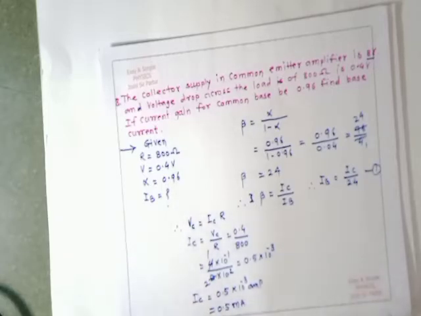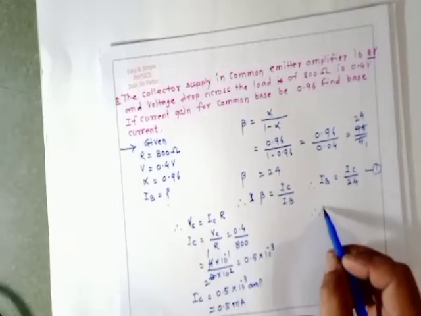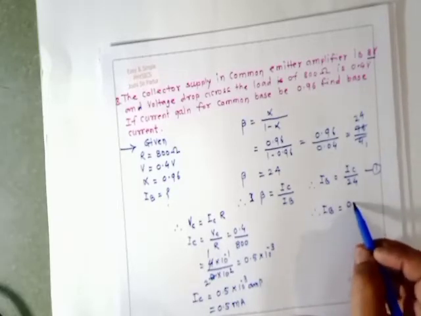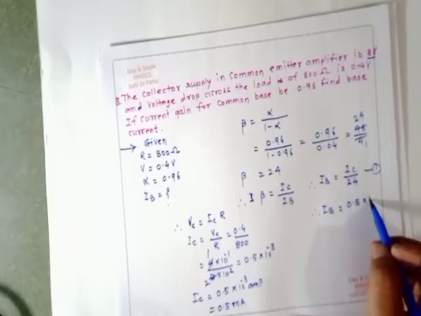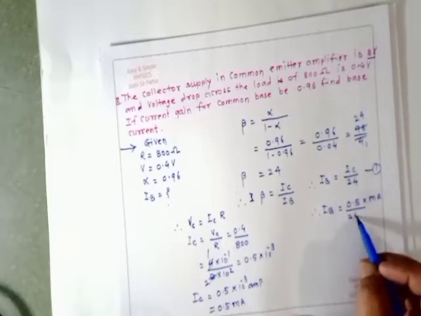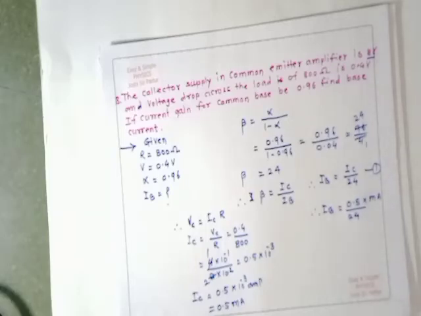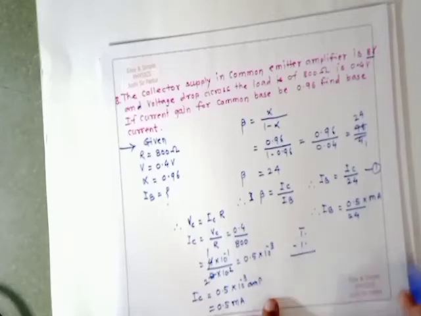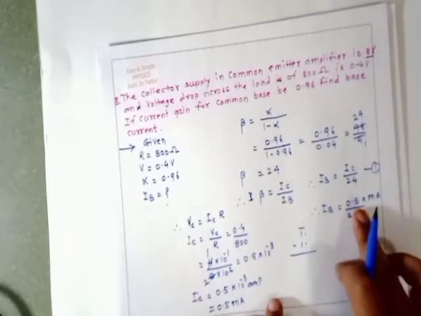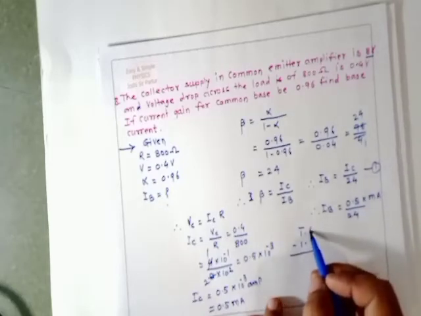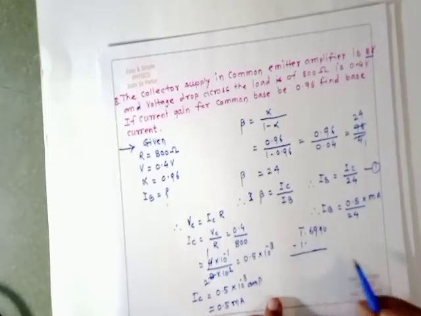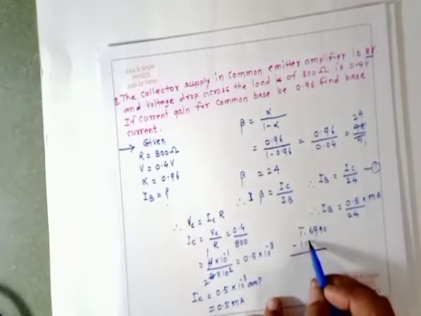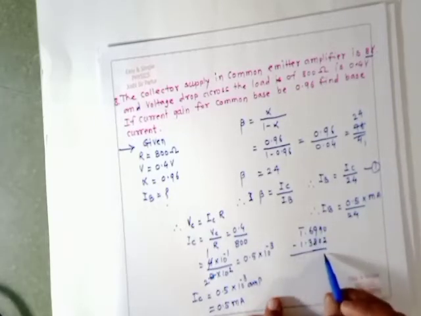If we substitute here, the base current is equal to 0.5 milliampere upon 24. So 0.5 upon 24. Here we can find the log. That is bar 1. The log of 50 is 6990. The log of 24 is 3802.